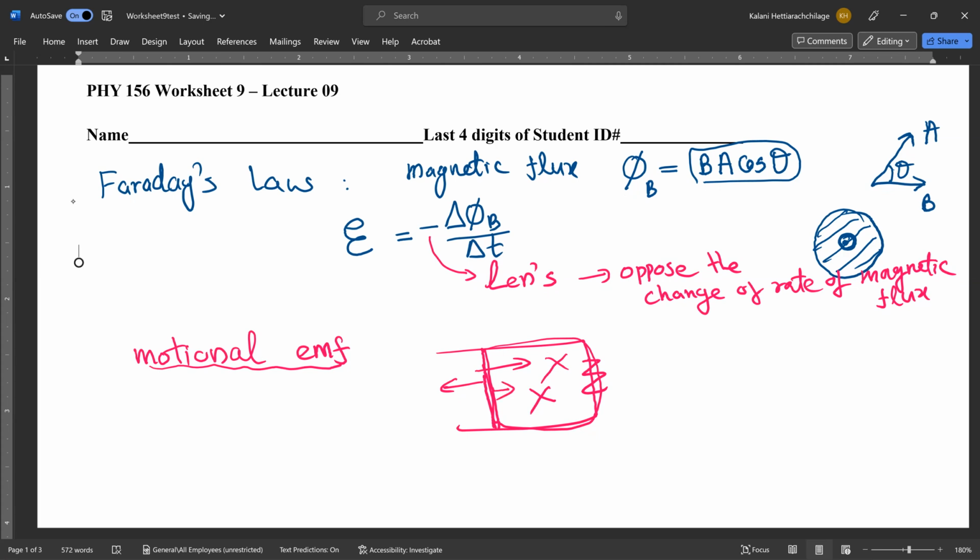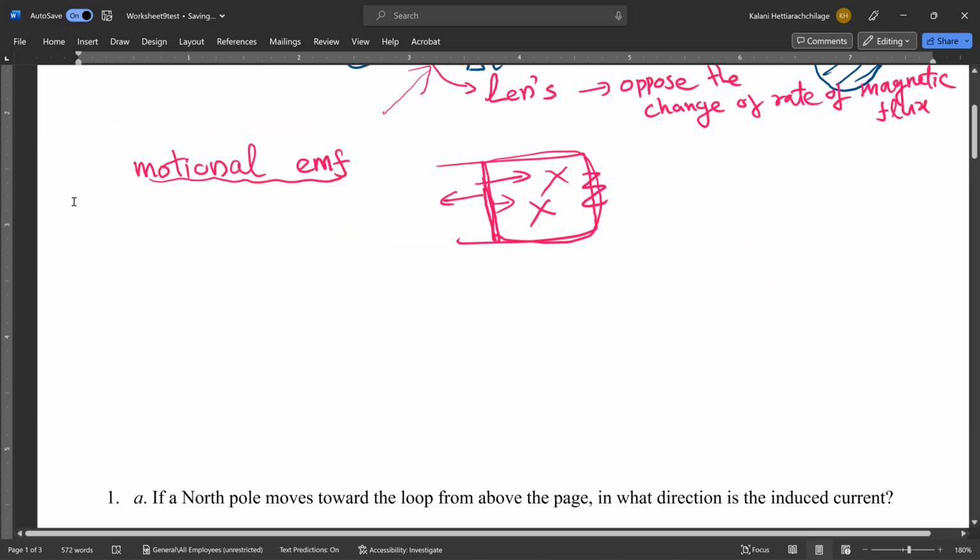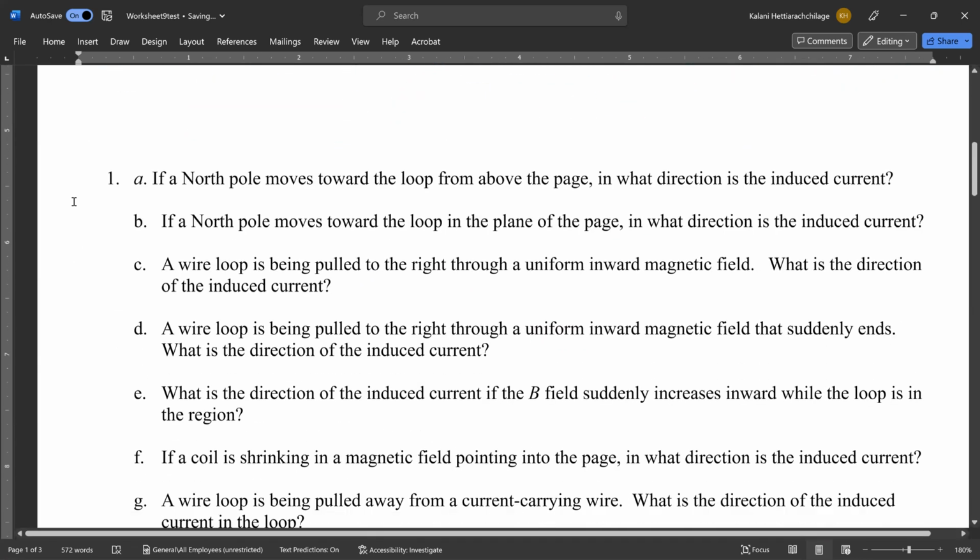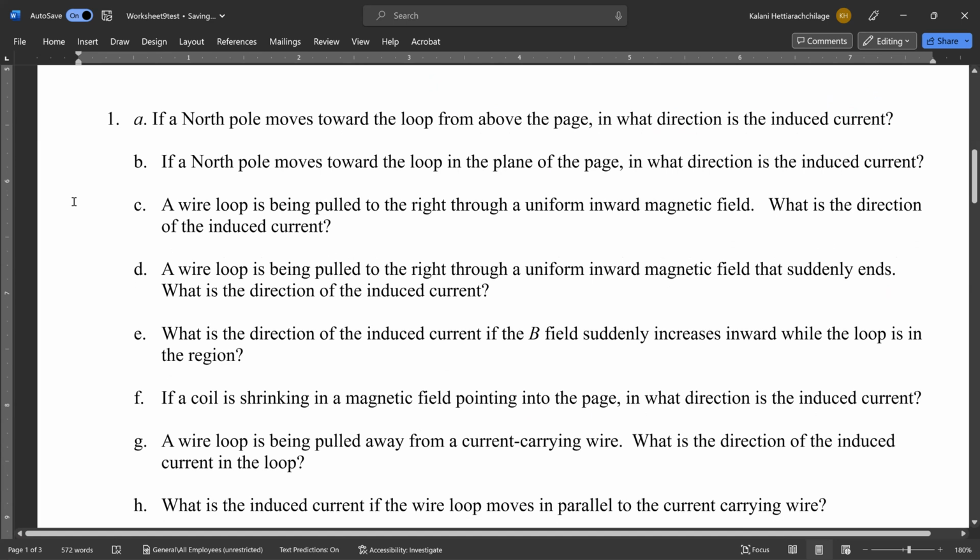You can change the magnetic flux, you can change the cross-sectional area or the theta angle according to this formula. According to that, we need to work out what you're going to change, add that into the formula, find the rate of change of that quantity, and then calculate the induced EMF, and hence we can calculate the current.